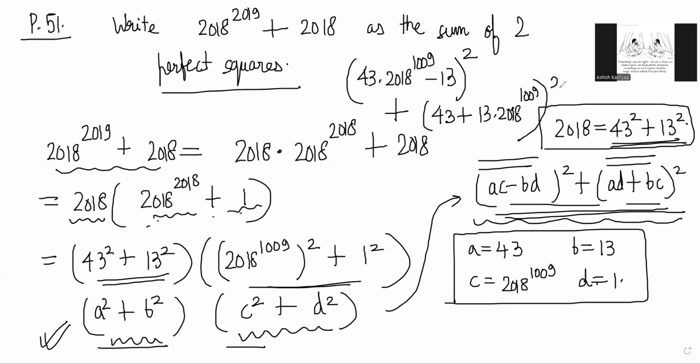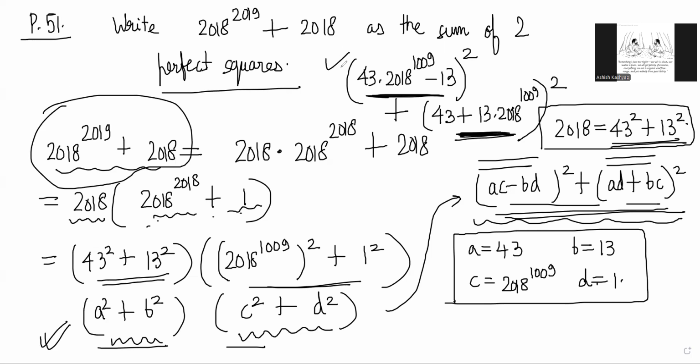That's my second integer square. This square plus this square will be equal to this, which you cannot discover by any other method. This is the only way to do this. I hope you appreciate that this is weird, like how we got this. Please make a note about Lagrange's identity and see how we have applied it in this problem: how to express this random number as a sum of two perfect squares.